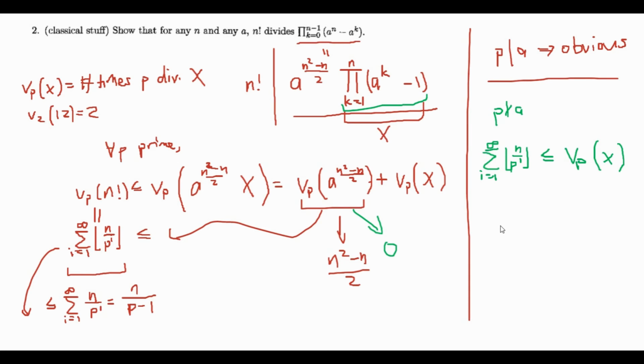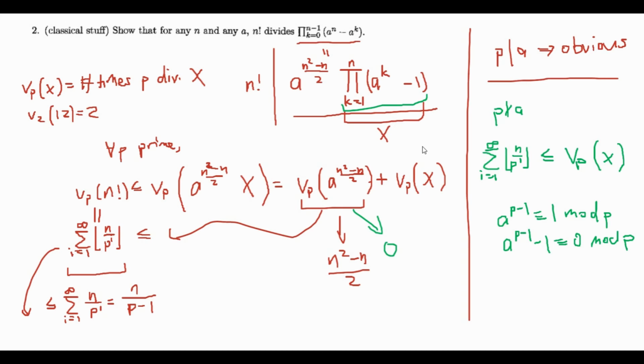Well, recall Fermat's little theorem, which stated that a to the power of p minus 1 is congruent to 1 mod p. In other words, a to the power of p minus 1 minus 1 is divisible by p, that is, 0 mod p.